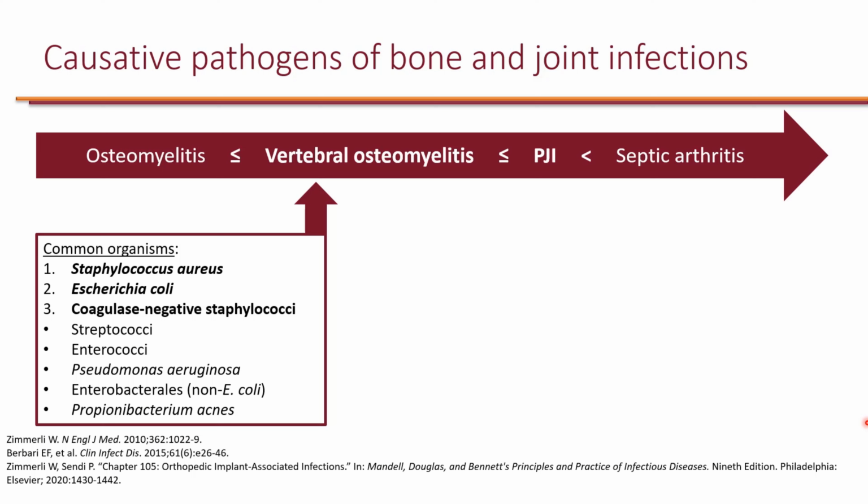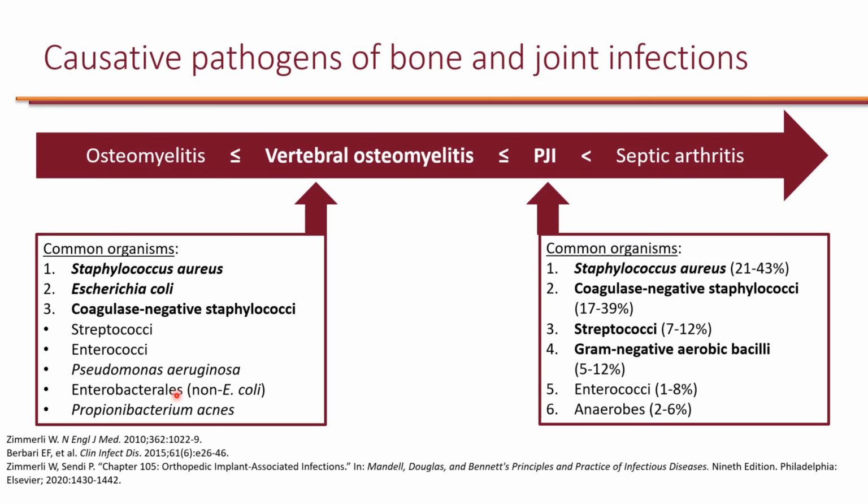By far, the most common causes of vertebral osteomyelitis include Staphylococcus aureus, Escherichia coli, and coagulase-negative staphylococci. Now, because vertebral osteomyelitis is often hematogenous osteomyelitis, bacteria that commonly cause bacteremia can lead to vertebral osteomyelitis, such as streptococci, enterococci, Pseudomonas, as well as non-E. coli Enterobacterales.